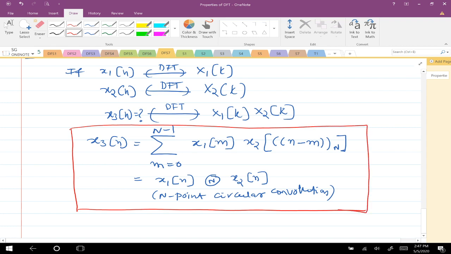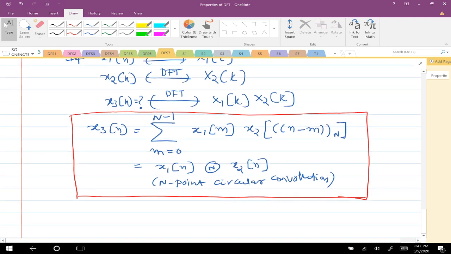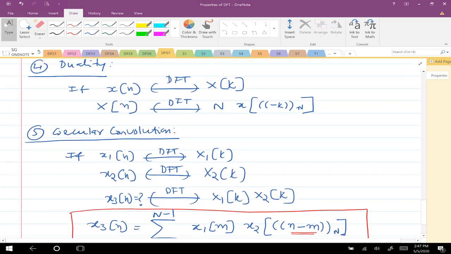Again I repeat, had it been a periodic convolution, you simply had n minus m. This being circular convolution, you have n minus m modulo N. That's all. So let's now solve a few examples on circular convolution.